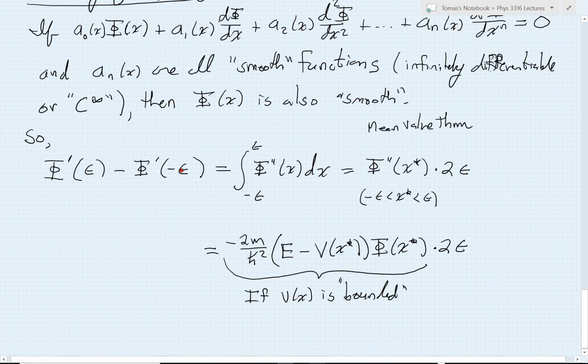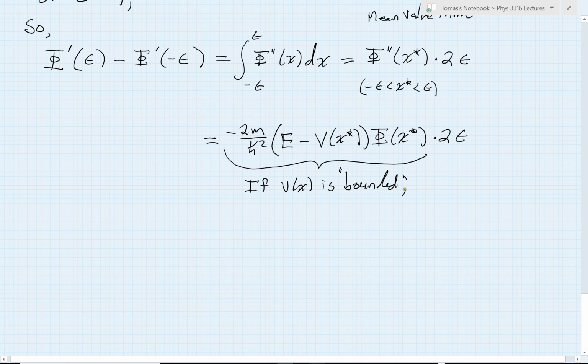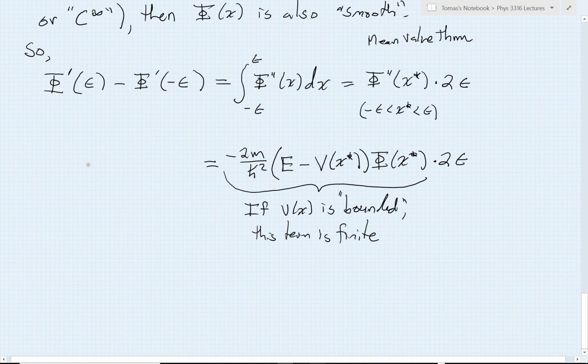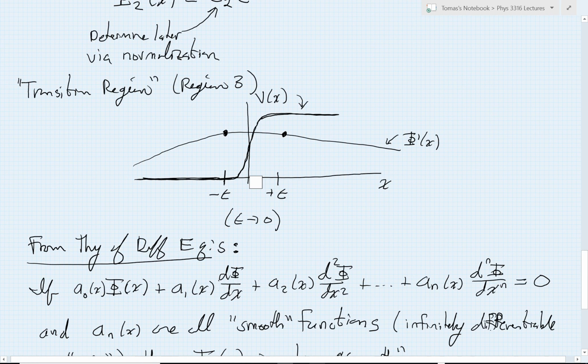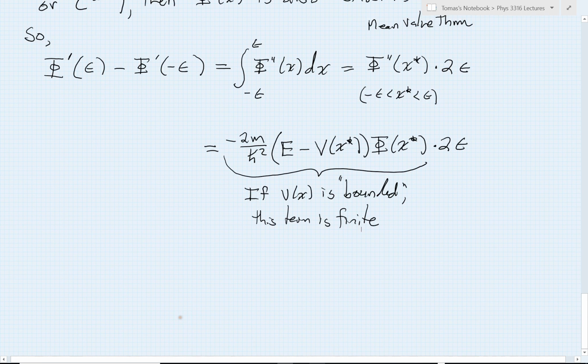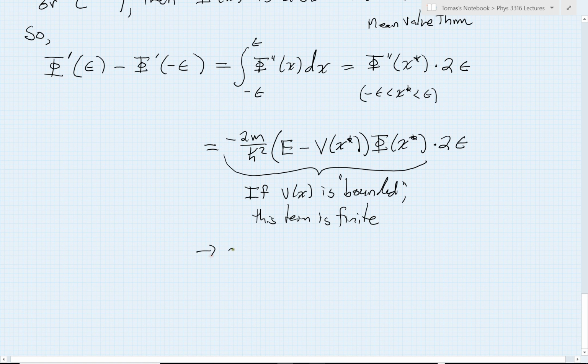So as long as V of x is bounded, this term is finite, which means that when I multiply it by 2 times epsilon, as I shrink this boundary down to 0 and make this effectively a discontinuity, this final result will approach 0.